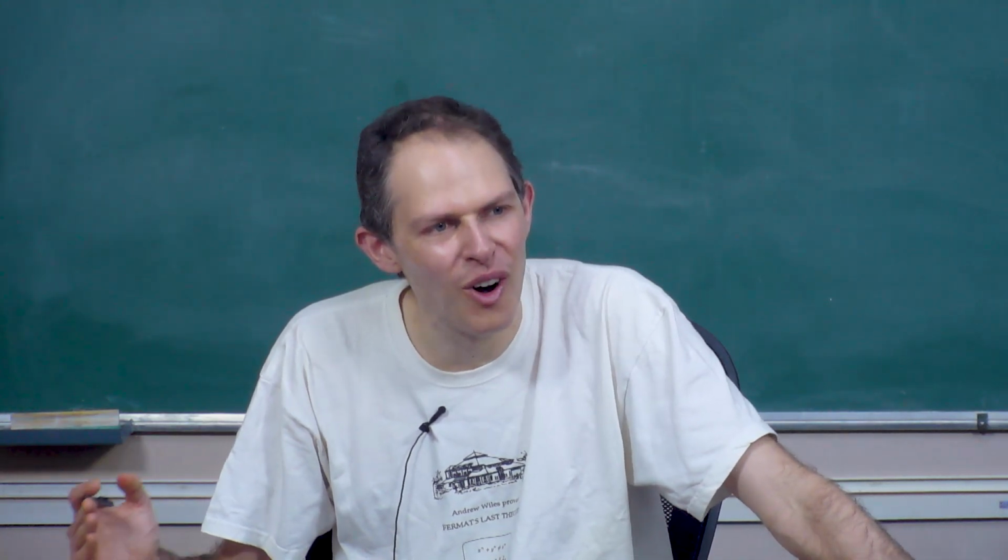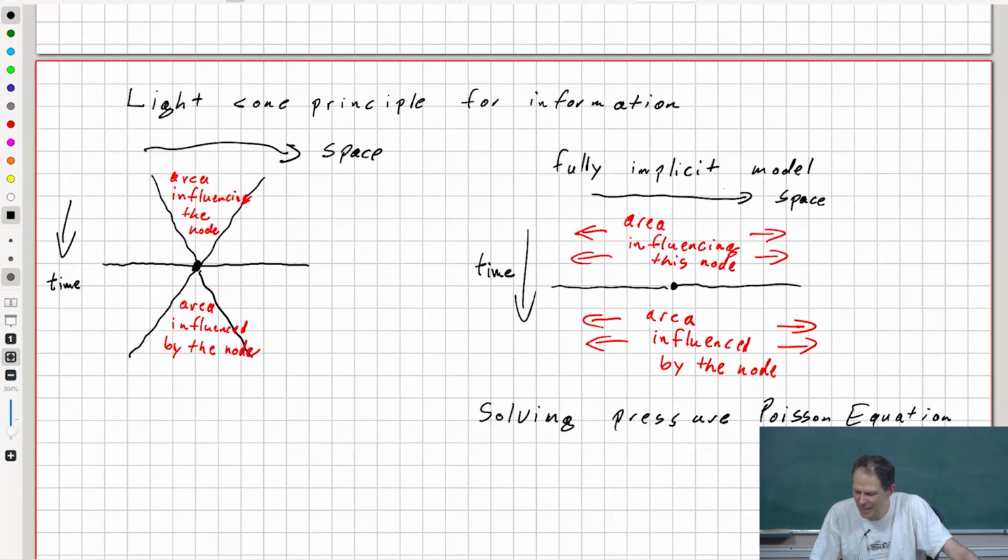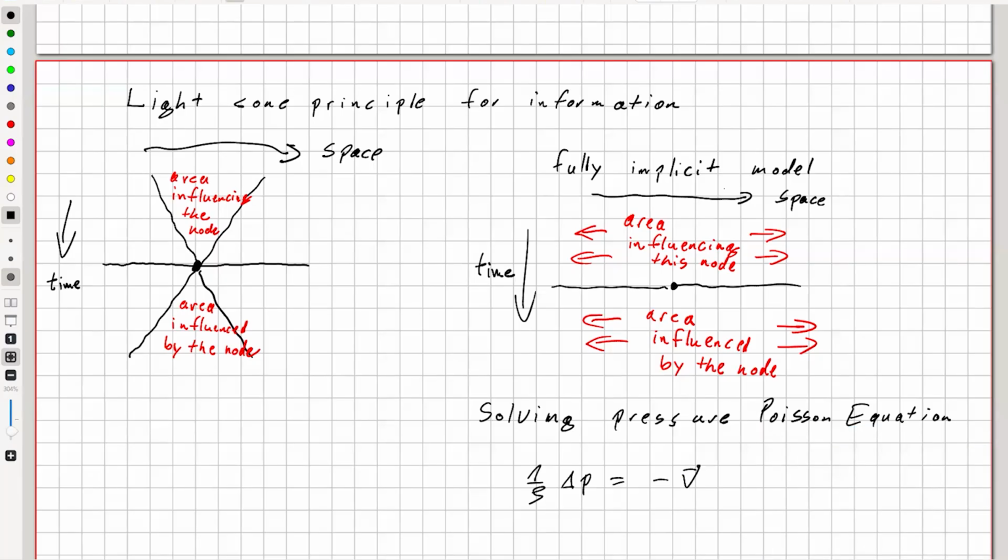So the thing is, the Navier-Stokes equation is an equation on the velocity and on the pressure. You need the pressure in order to solve the Navier-Stokes equation. And the equation that you do this with, which arises from the Navier-Stokes equation under the condition of incompressibility, basically looks like this.